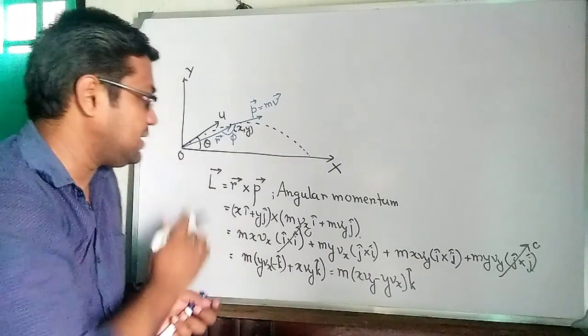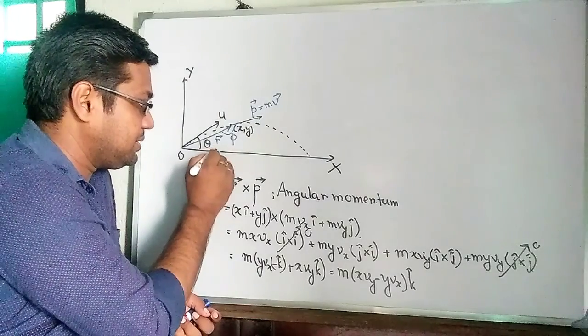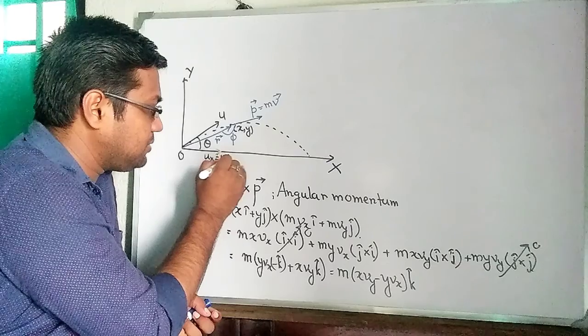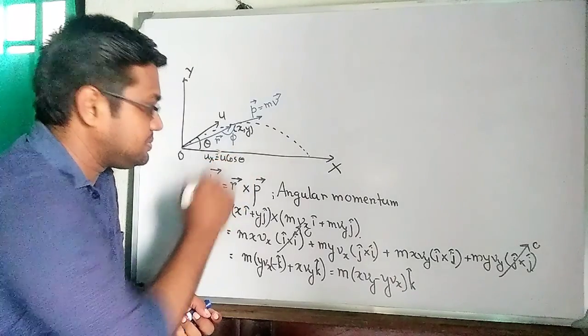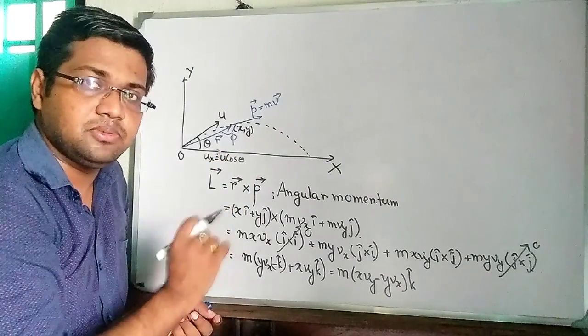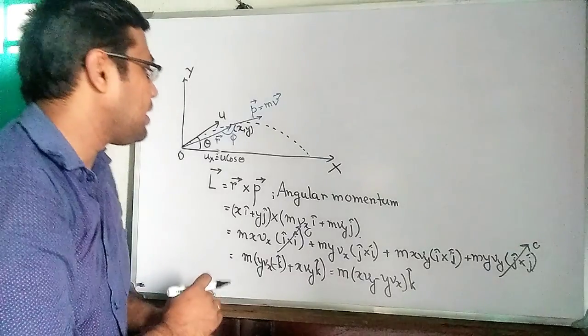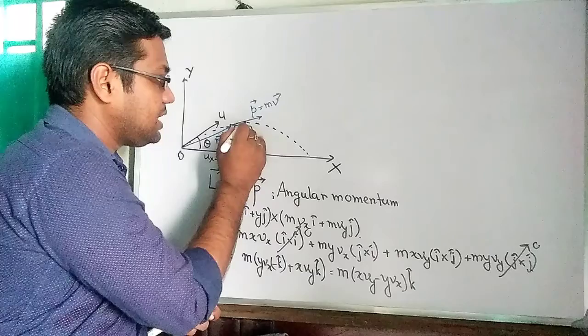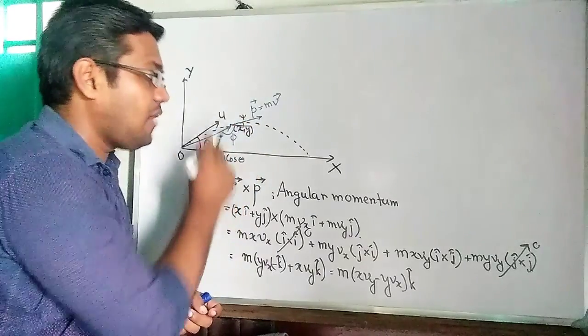So let us take the reference of what we know from here. Obviously, ux equals u cos theta. If I consider that at this position the velocity makes an angle psi, phi is a different thing.